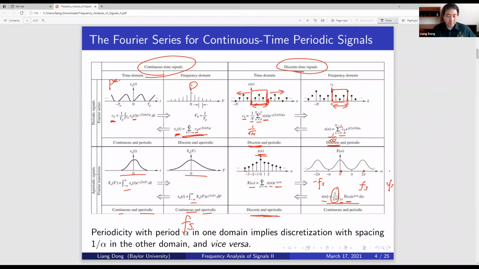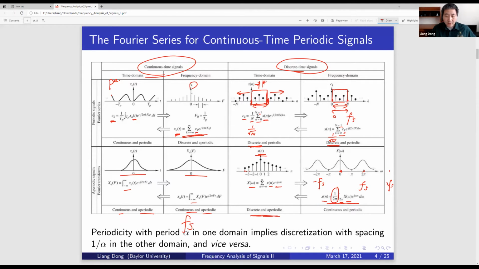For instance, I'm substituting this alpha with Fs. So from here to here, this n really stands for Fs. That's a sampling frequency. Now, what does that give me? The discretization in the other domain, in the time domain, is a spacing, right? This is the spacing between every two discrete samples here.